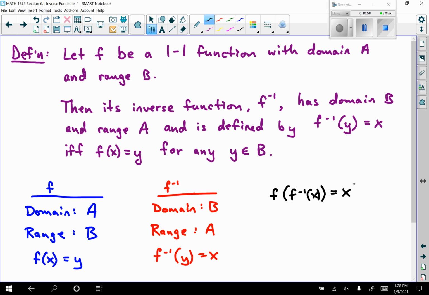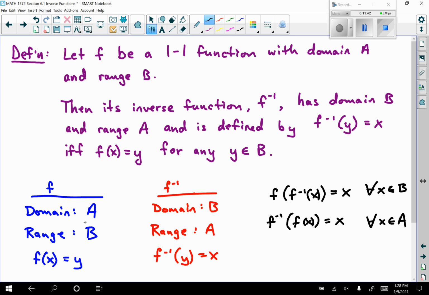The symbol for every, or for all, is like an upside down capital A. For all x values contained in set B. And then if we were to take our function, f of x, and drop it into the inverse, that will also equal x, again, for all x values contained in set A. The B over here is just indicating that all of these x values have to apply to and agree with the domain of B. And then right here for f of x, we're going with our domain of A.